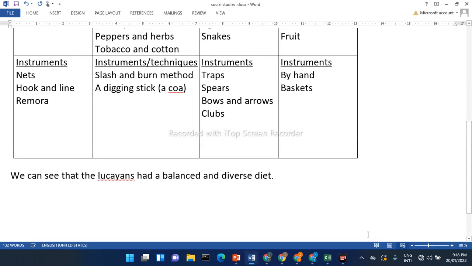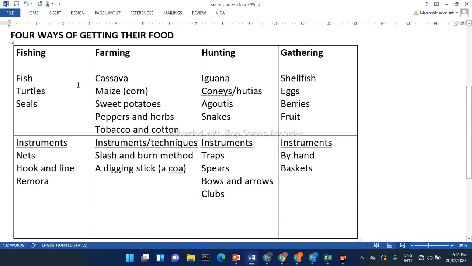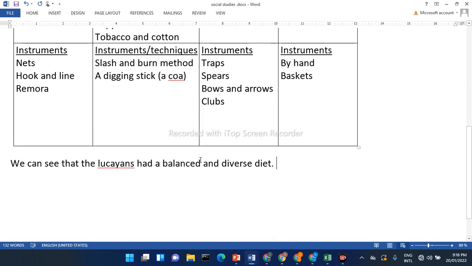The reason why we say balanced in terms of this definition is that they have food coming from all food groups. So they have the fish, they have the stuff from the ground, they have meat, and they even have the berries and the fruits and stuff like that. So we describe it as a balanced diet and a diverse diet because it's not one where we have food from one specific food group. Okay.